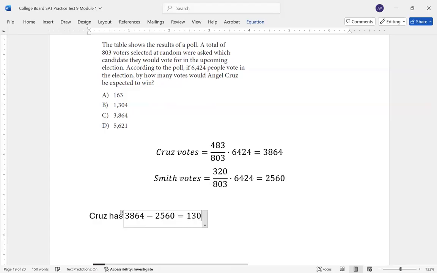That should be 1304 more votes. So 1,304 is the final answer. And that is answer B. So the correct answer to 26 is B.